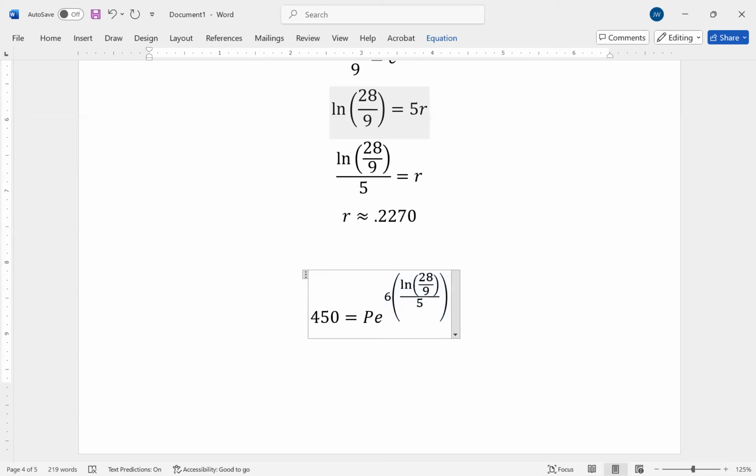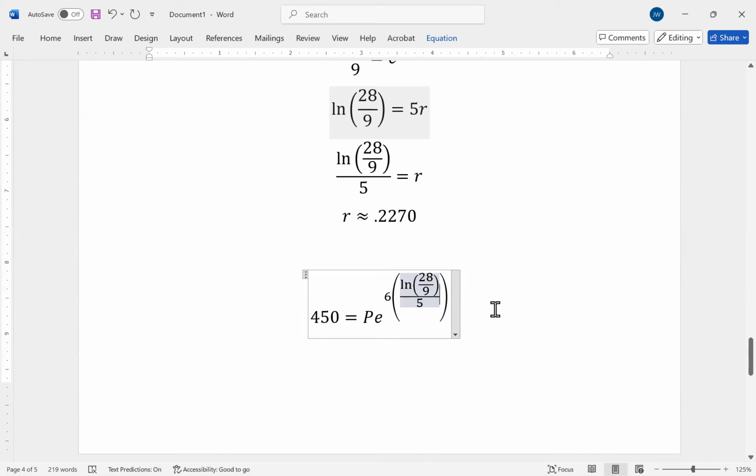That's a really ugly exponent, but this is all just a real number. So I can take 450 and divide by that real number. If it makes you feel better, then obviously you can rewrite this as a decimal and say e to 6 times that 0.2270 decimal.